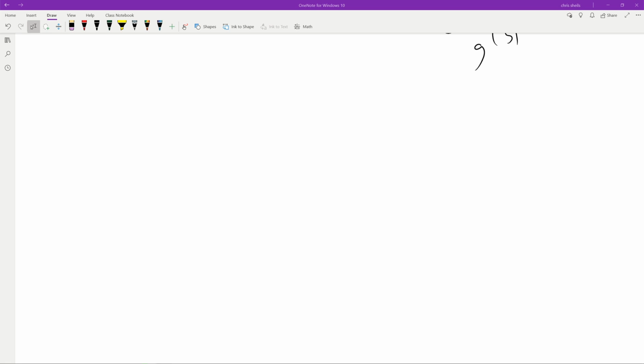And let's look at a few more graphs real quick. Let's look at the graph of the absolute value function.